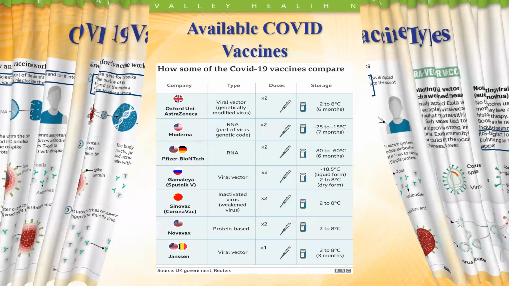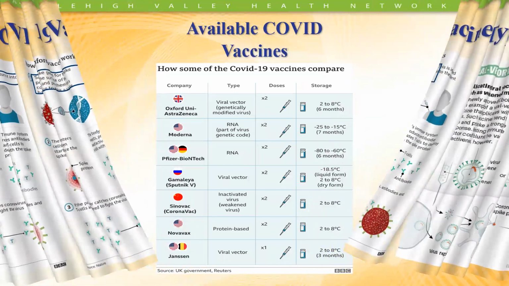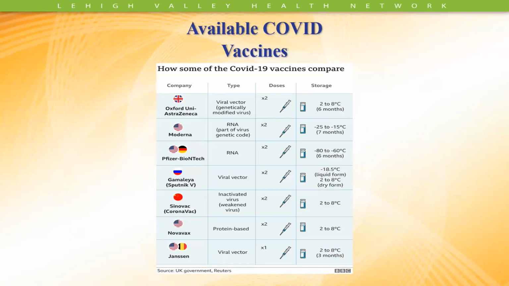And these are the ones that are out there. And again, I don't want to take Terry's thunder. There may be more out there, but most of the doses have been 2, and this just tells you the type they are. So there's a combination of RNA, and there's a combination of viral vectors, and then you have basically how many doses you need and the storage. And the storage is a real problem with the RNAs.